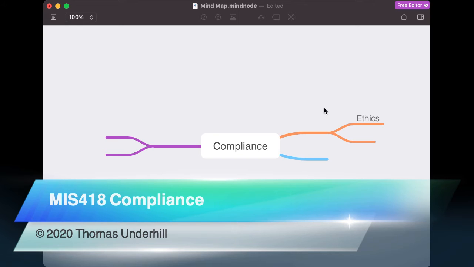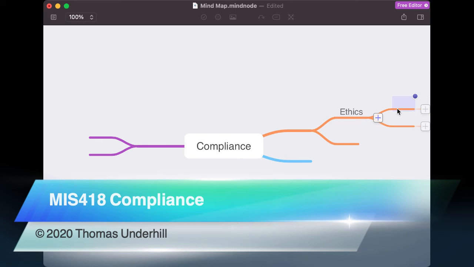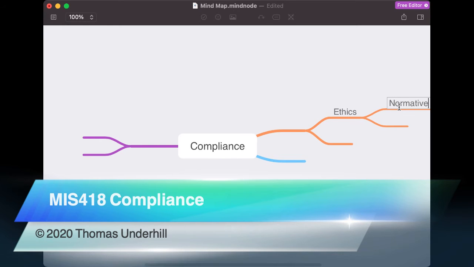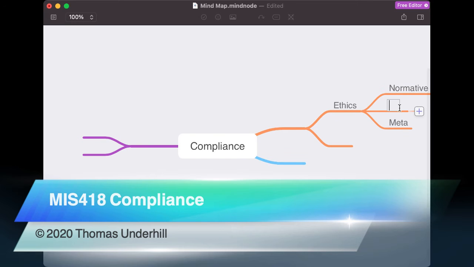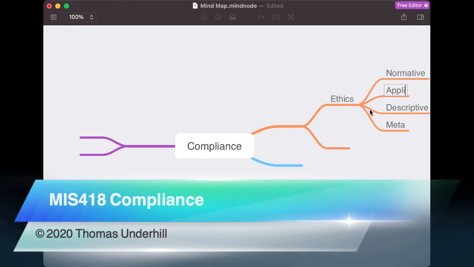So as we look at ethics, there are different frameworks which are used. So there's normative, there's meta, there's descriptive, and there's applied ethics. And those are described further on page 67 of the book.